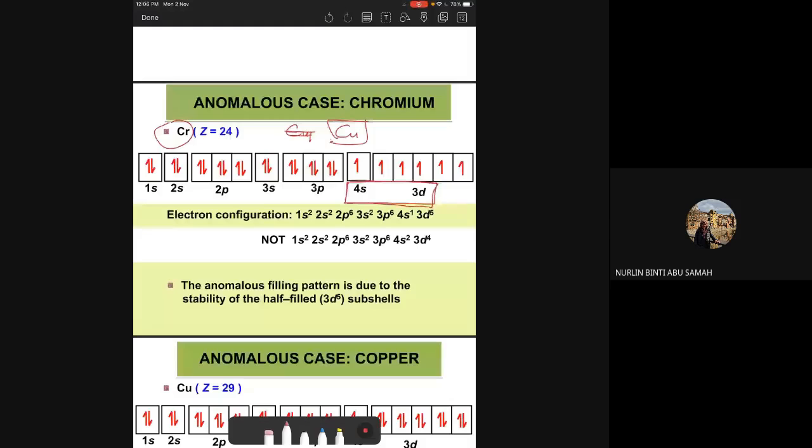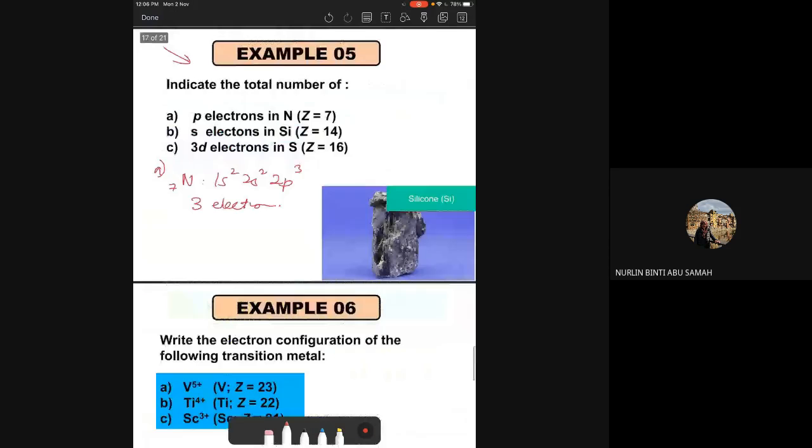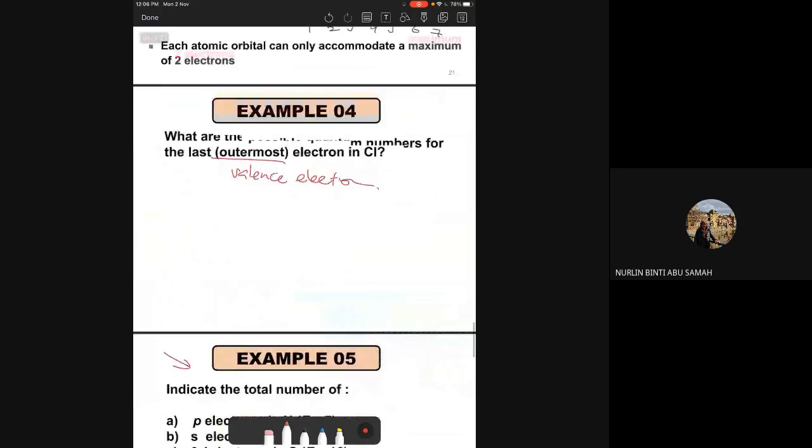Kenapa 4S dulu baru 3D and so on lah. Untuk anomalous case bagi chromium dulu kita tengok. Untuk chromium kamu boleh tengok dia akan isi dulu orbital 4S.